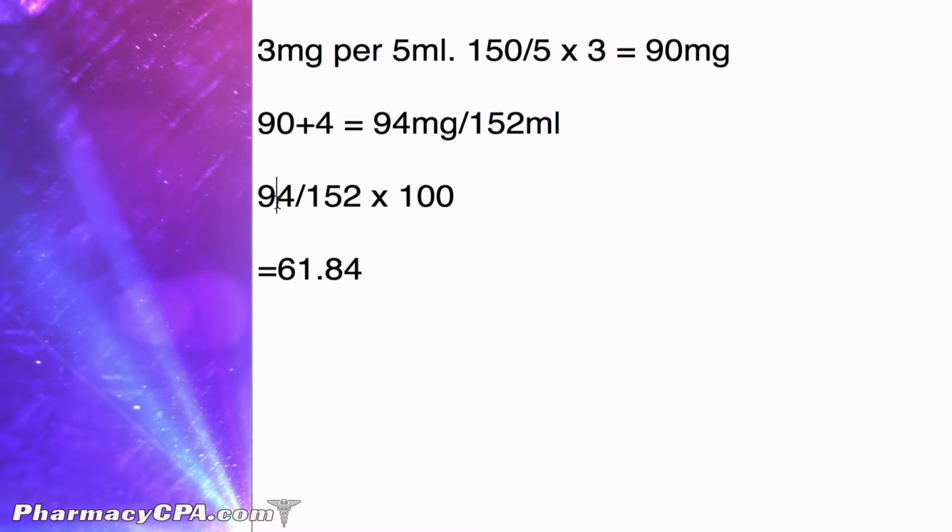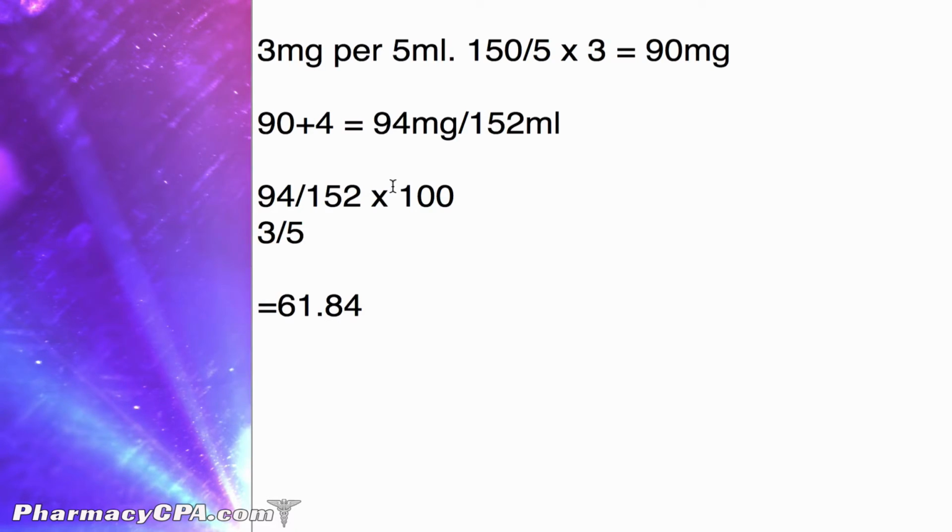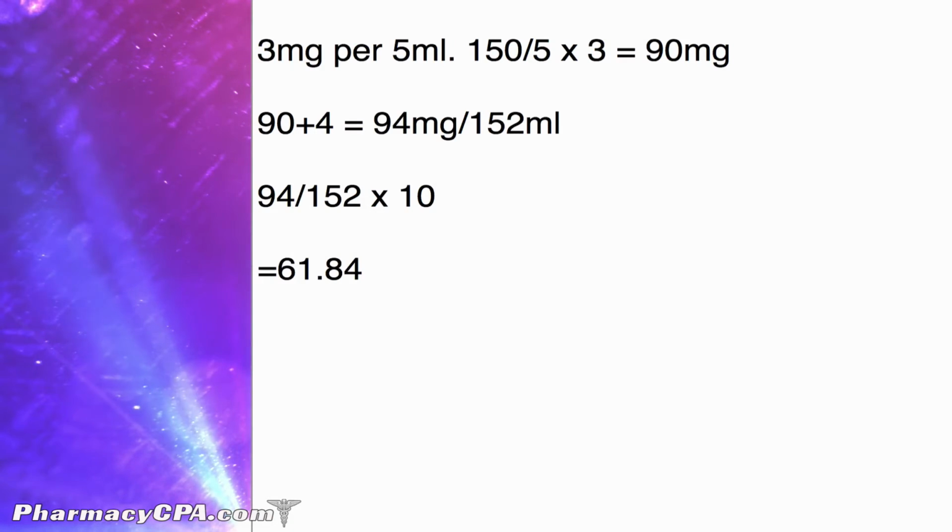When I look at that, I'm thinking, they're quite close. I'm thinking the number 30. Do you see why? Because if 30 goes into 90 3 times, well, then it goes into 155 times. So your number is going to be about 3/5, around about that point. So the actual number when it comes out is 61.84.